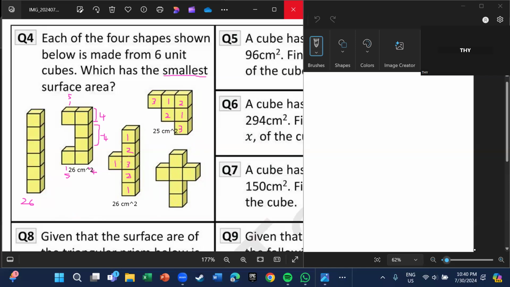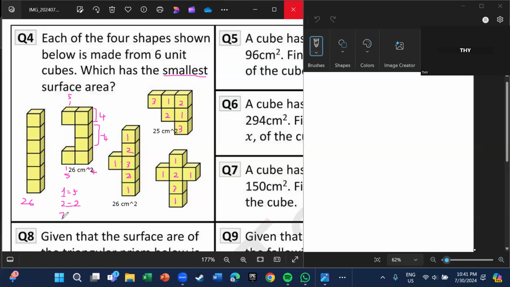And the last one, the crucifix, if you would call it. Again, we will use the labeling method. This one is 1, 1, 1, 1, 2, and 3. So there are 4 ones. Number 1, as you can see, only 1 side is covered, so that will give us 5 sides. The number 2s have 4 sides covered, so that will only give us 2 faces that we can see.